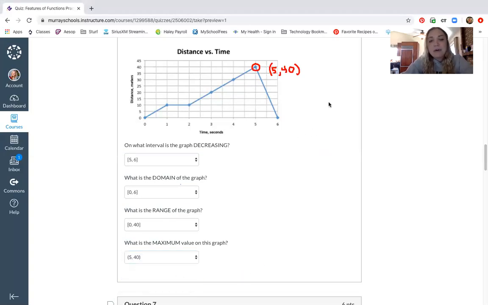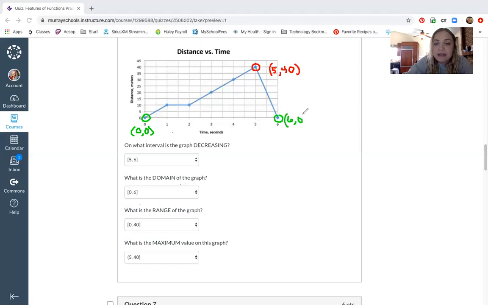All right. If on this problem I were to ask you what the minimum is, think about that. What's the lowest point on this graph? There's a reason I didn't ask for the minimum. It's possible, but there are 2 places that are the lowest points on this graph. So this problem actually has 2 possible minimums. One of them is 0, 0, and the other possible minimum is 6, 0.